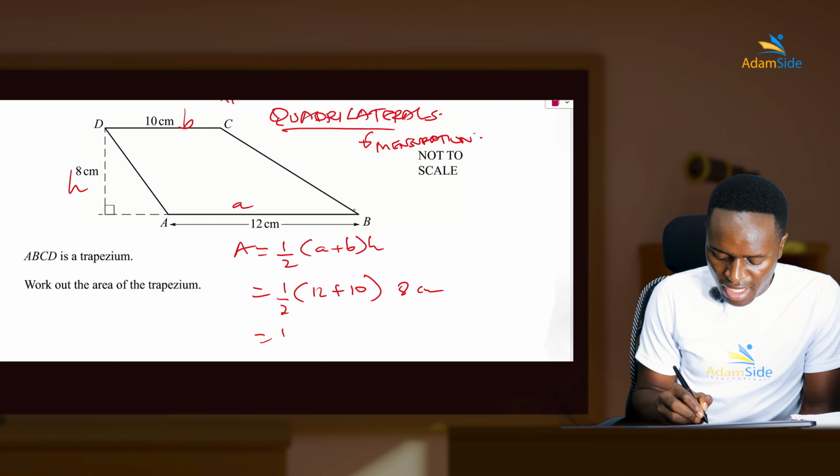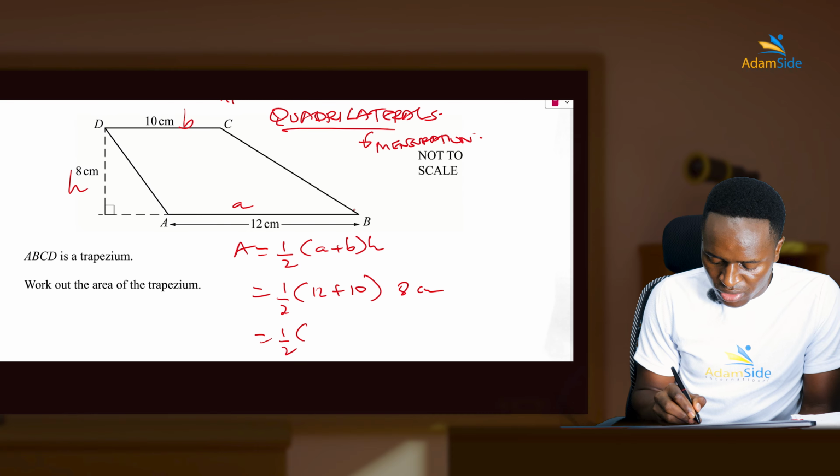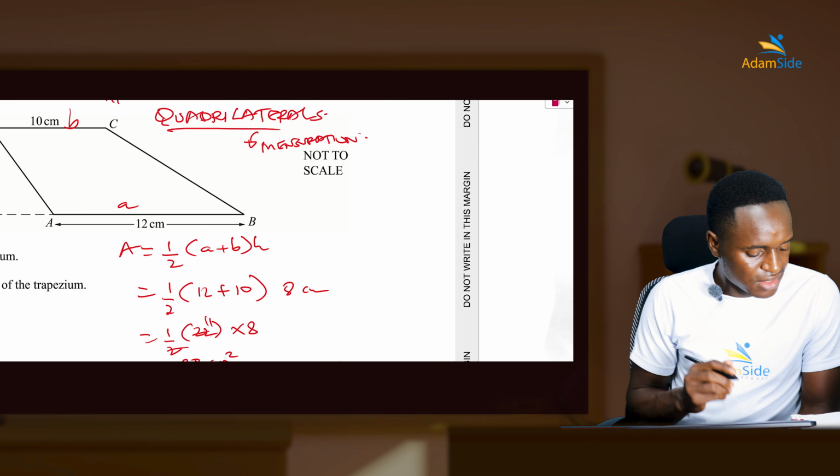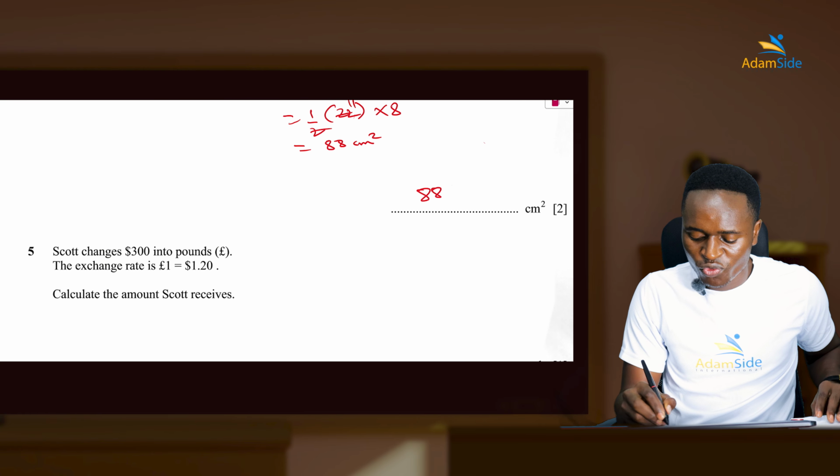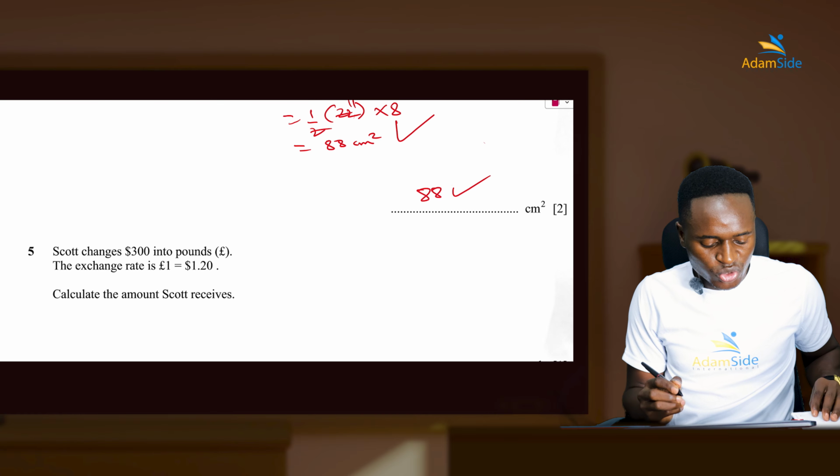Correct. So a half into 22 times 8. What is that? It's 11. 11 times 8, it's 88 square centimeter. Correct. You get your answer as 88 square centimeter. You get your full marks by showing each step.